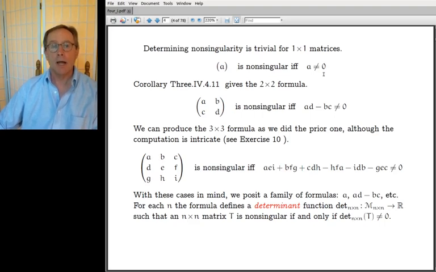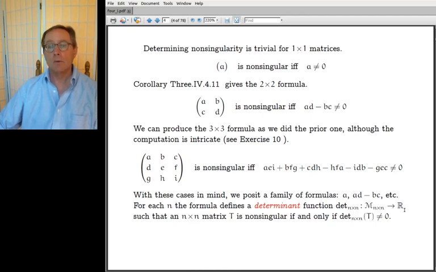So in what I like to think of as my mind, I'll imagine a family of formulas. A, AD minus BC, this formula here too that I won't repeat. There's a different one for each size matrix. And each formula defines a determinant function, det sub n by n, that inputs n by n matrices and outputs a real number.